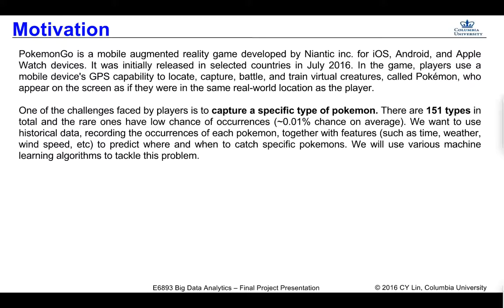What we did is that we used data from August this year that has about 300,000 different recordings of different kinds of Pokemons, where they appeared and what time they appeared, and features such as the weather and the wind speed. Our goal is to build an analytic tool so that, given a set of features, we can predict what kind of Pokemon is likely to appear.